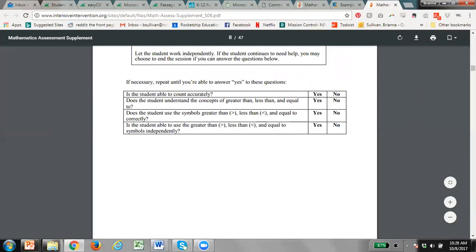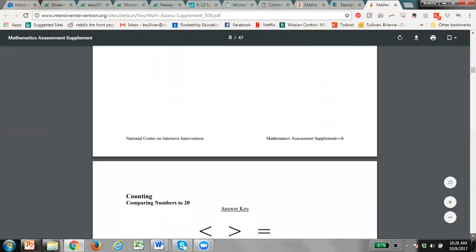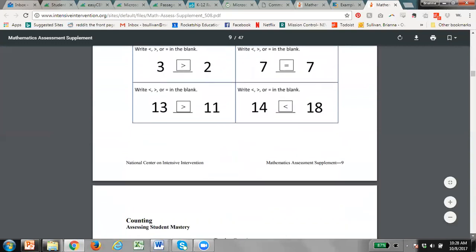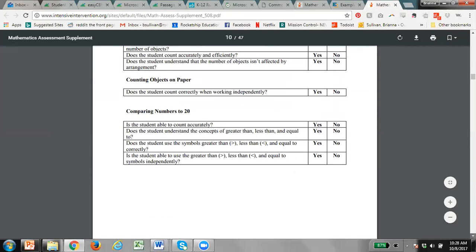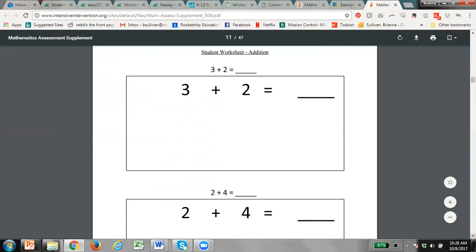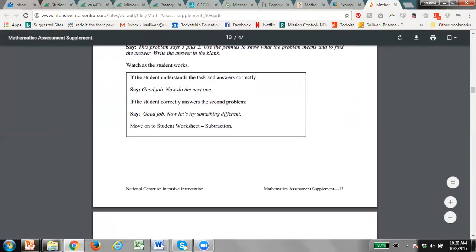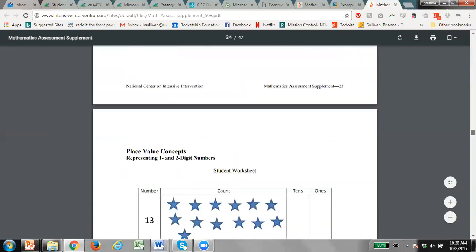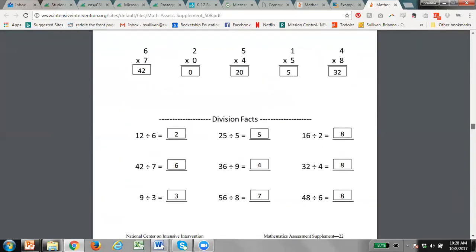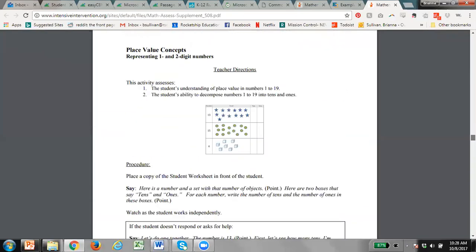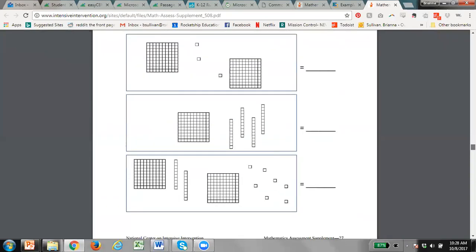Once they master it, then you can move on to some other skills here. So then we're getting into basic math facts, and as it goes on towards the end here, getting into division, place value, fractions.